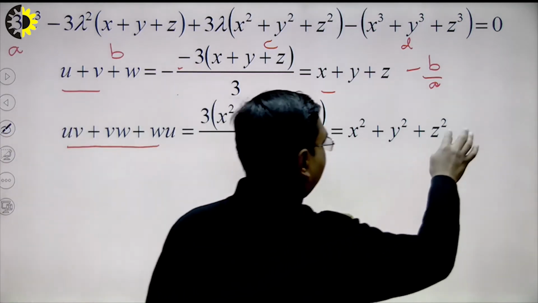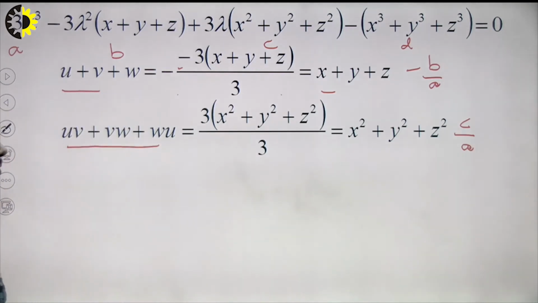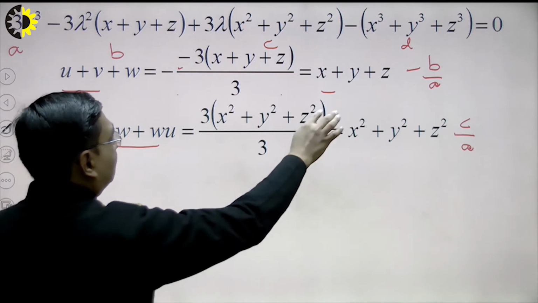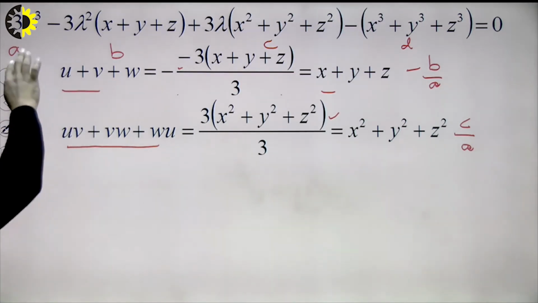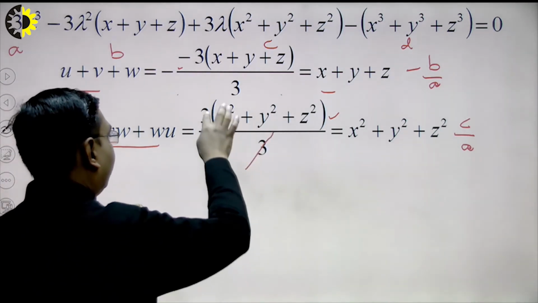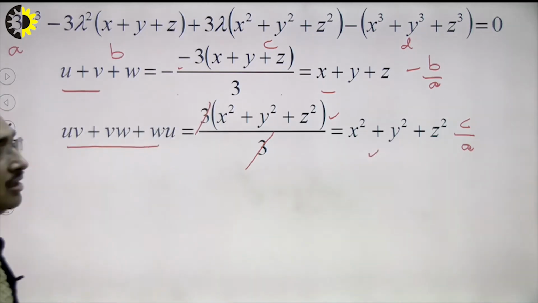This expression was calculated using this equal to c by a. The value of c is this: 3 times x square plus y square plus z square. Value of a is again 3, and this 3 will cancel out from here, and I will obtain simply x square plus y square plus z square.